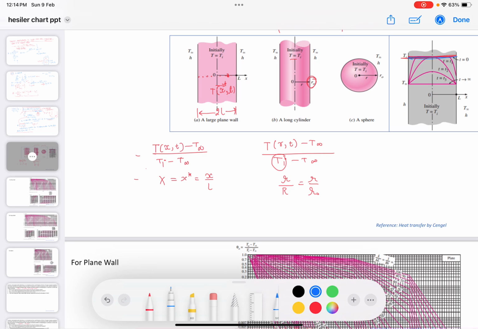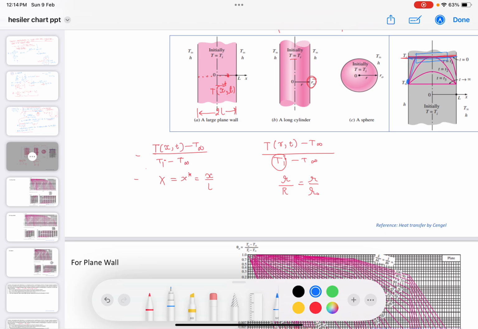As time continues to move forward, the surface which is exposed to the ambient reduces its temperature quickly to T infinity, depending on the heat transfer coefficient outside, and the inside is still at the Ti temperature, that is the initial temperature.